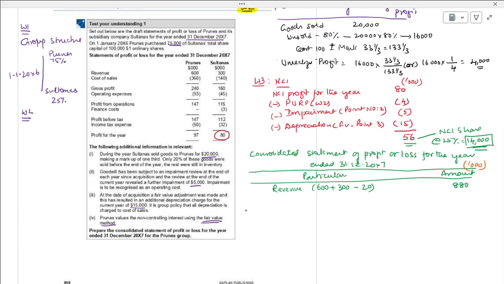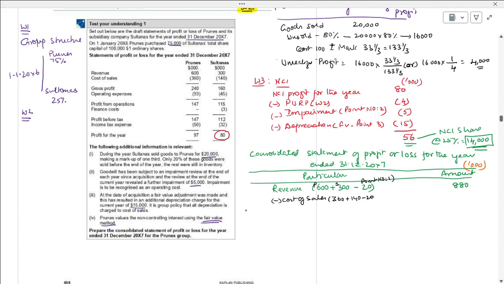What you have? You have a cost of sales. I will write here P, I will write here subsidiary, I will write here point number 1. Now it is how much? 360 plus 140.